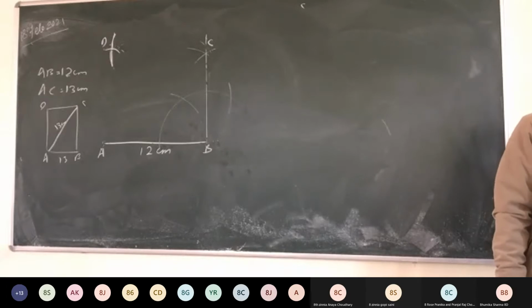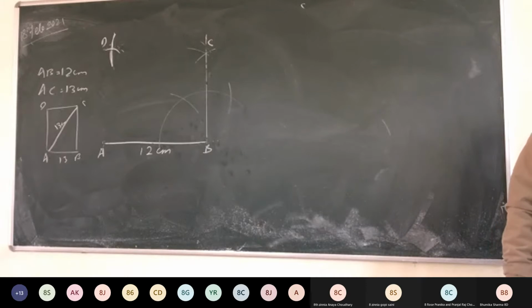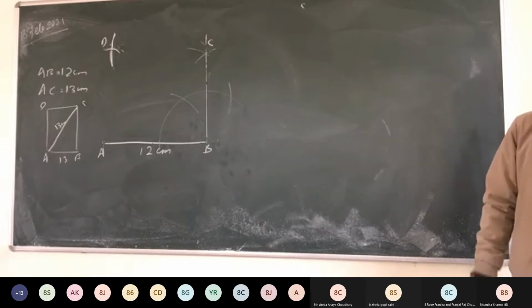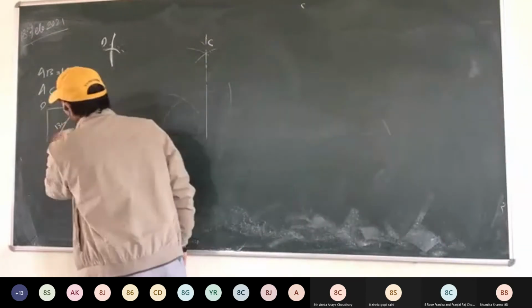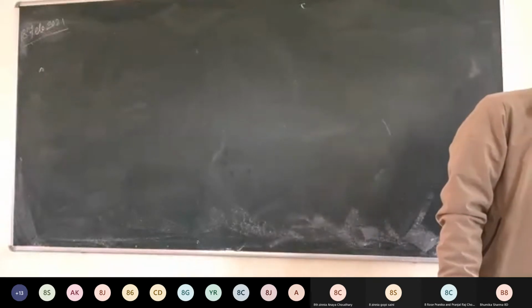In the third, AB and angle BAC are given, 60 degrees. So first draw the rough figure and try to understand what is given to you. First draw a rough figure and then see how we can proceed. Stay quiet.